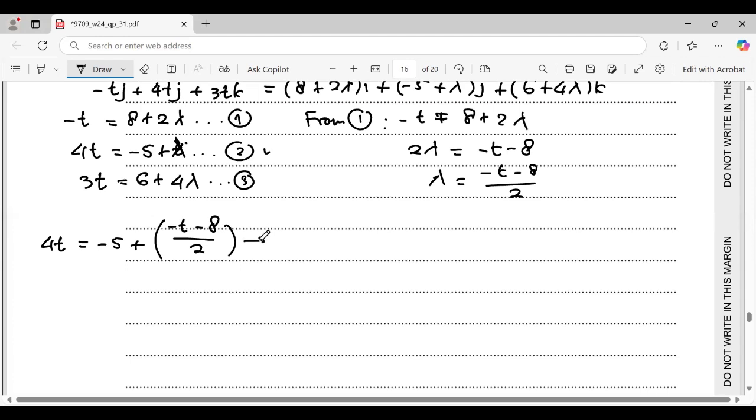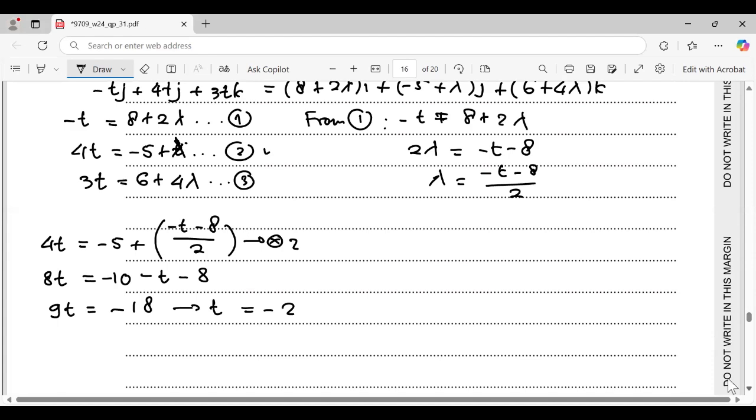After that, multiply by 2, and it is 8t equals minus 10 minus t minus 8, or 9t equals minus 18. So it means t equals minus 2, because minus 18 divided by 9.